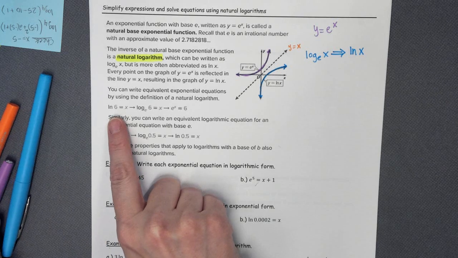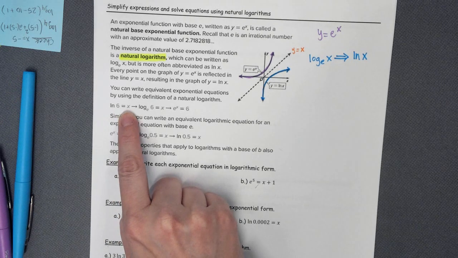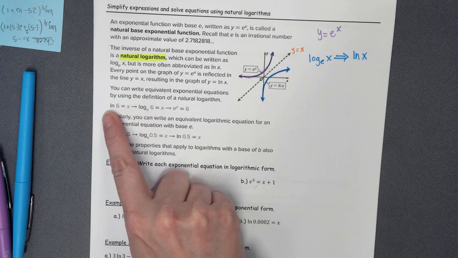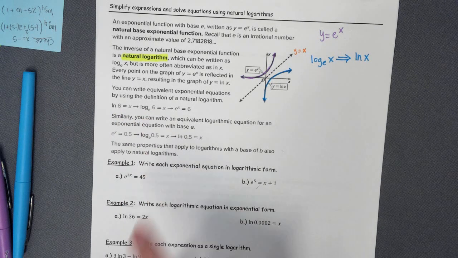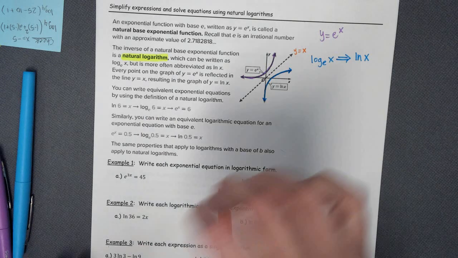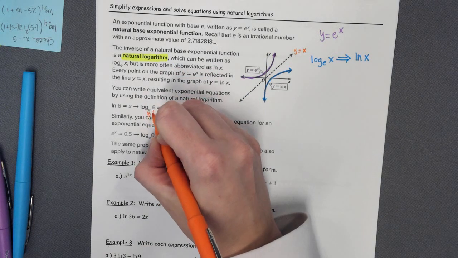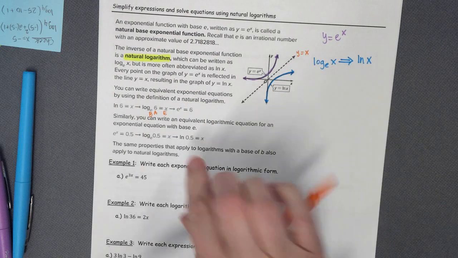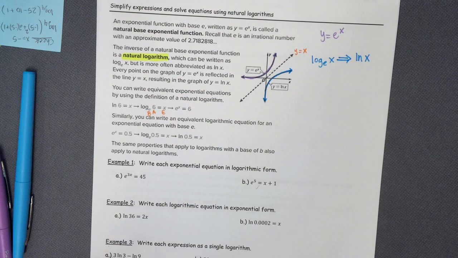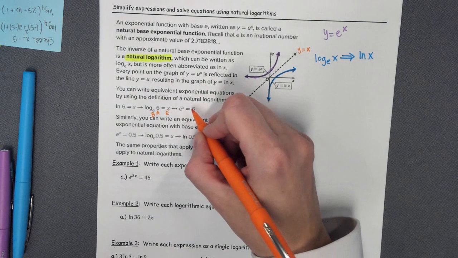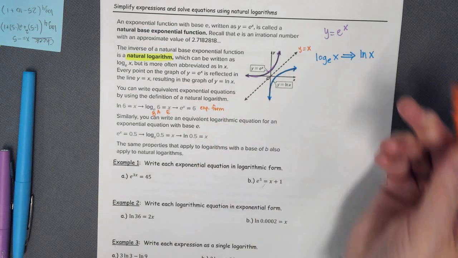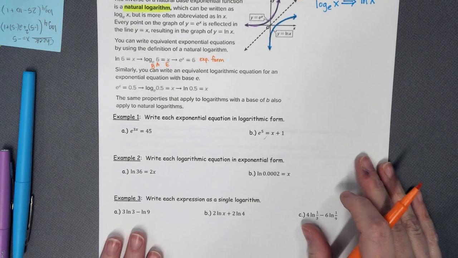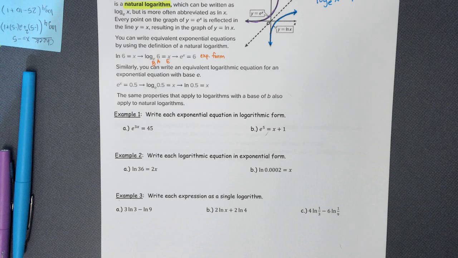And we're going to look at this example here. If you have the natural log of 6 equals x, that's the same thing as saying the log base e of 6 equals x. And so you can rewrite it using our base, answer, exponent. It's e to the x equals 6. And that would be called exponential form. The other form we're going to put values in is log form.